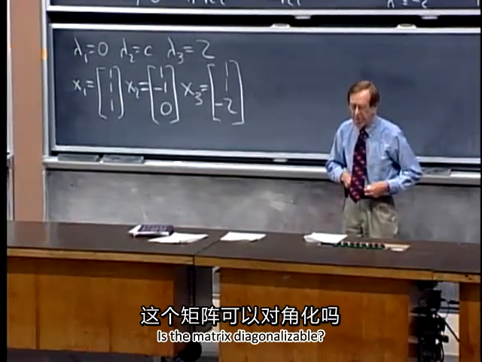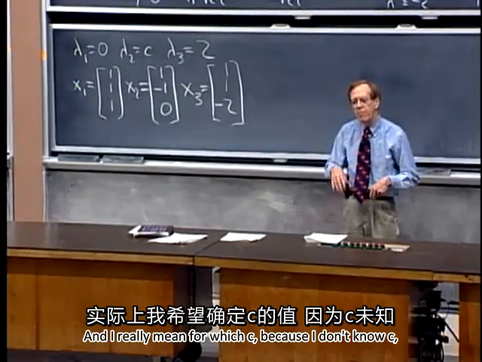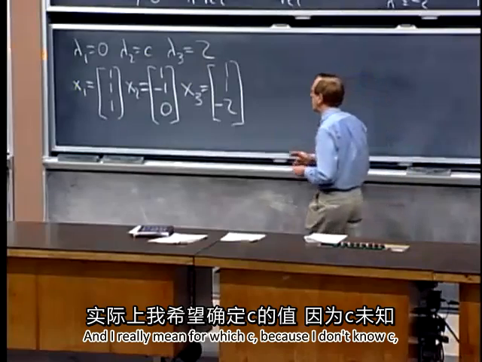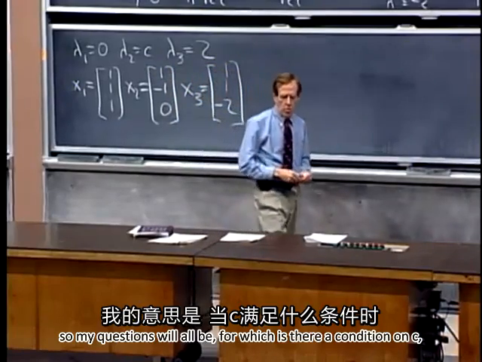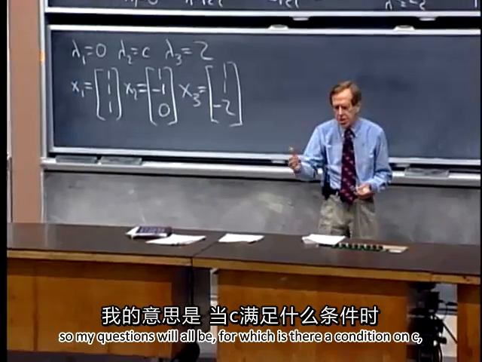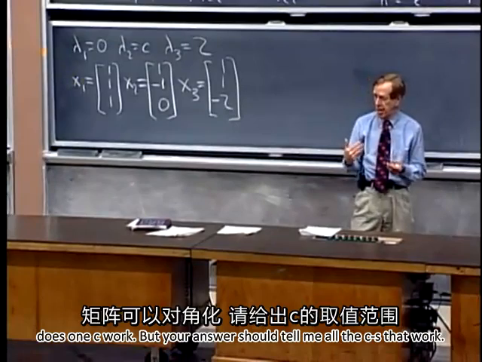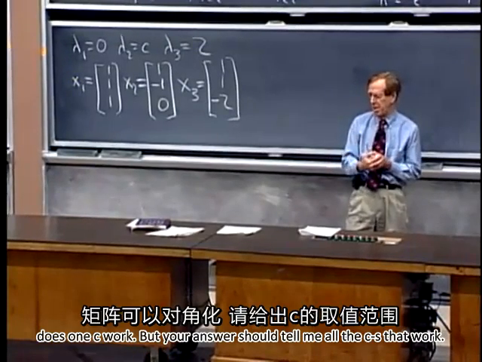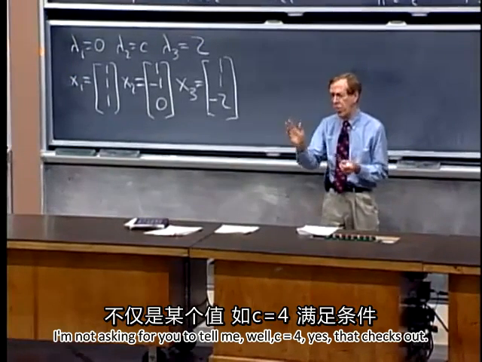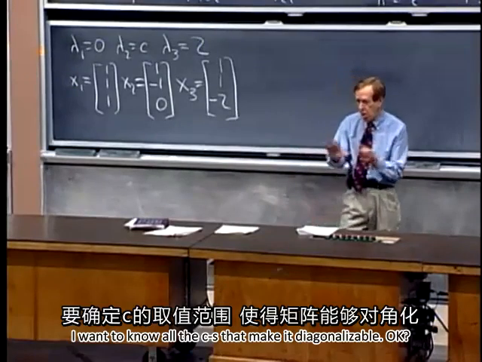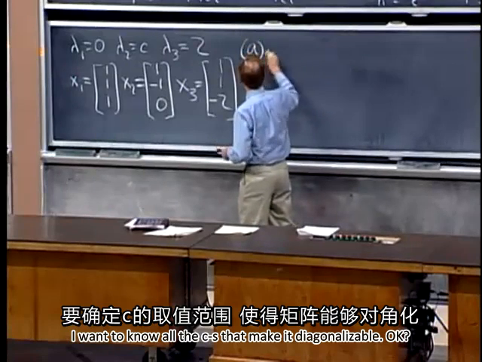Is the matrix diagonalizable? And I really mean for which C, because I don't know C, so my questions will all be for which C. Is there a condition on C? Does one C work? But your answer should tell me all the C's that work. I'm not asking you to tell me, well, C equals 4, yeah, that checks out. I want to know all the C's that make it diagonalizable.